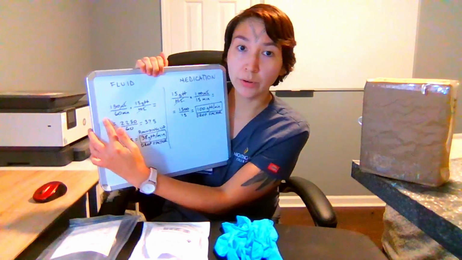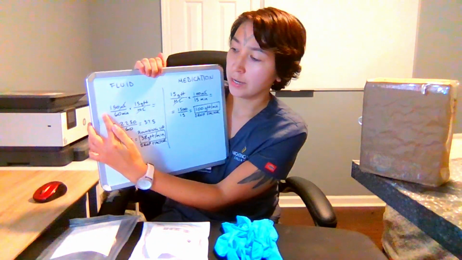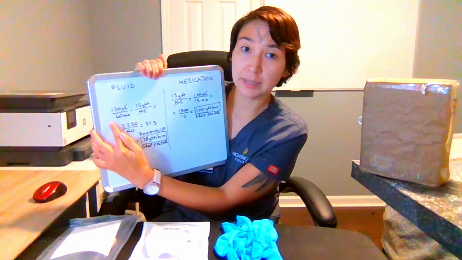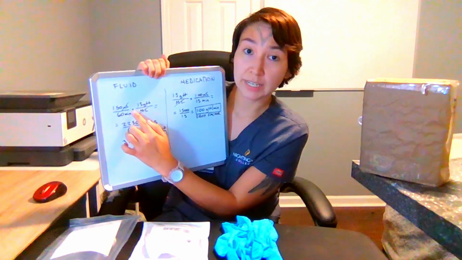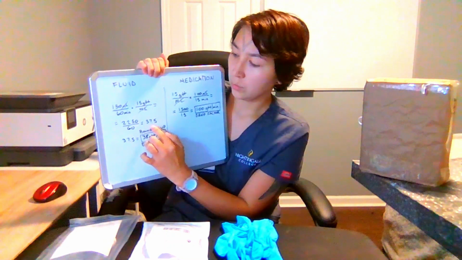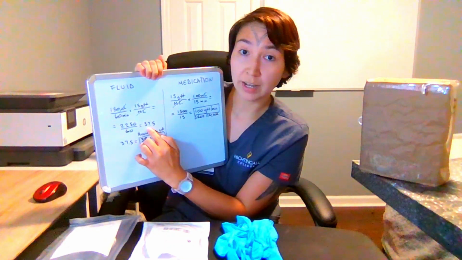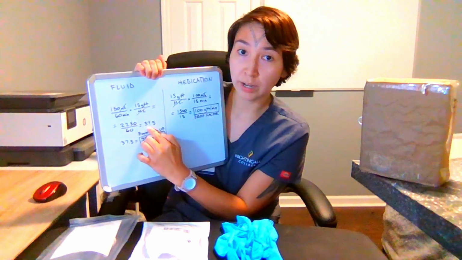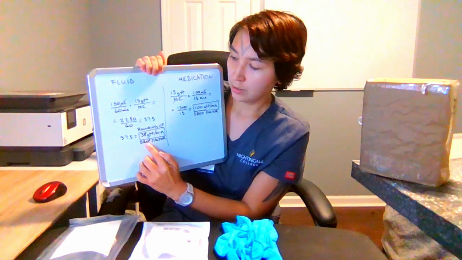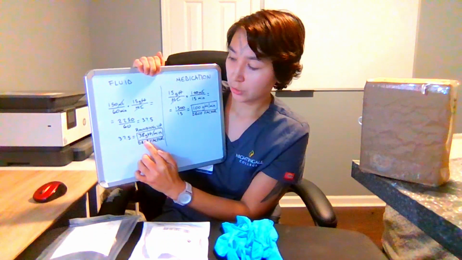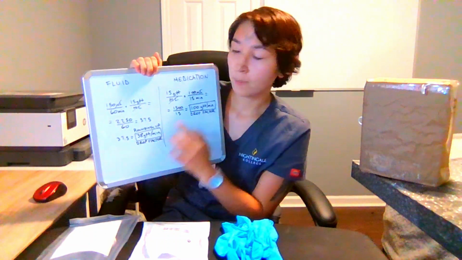The fluid ordered is 150 ml per 60 minutes times a drop factor of 15 per ml equals 37.5, but because we round up using drop factor, the drop rate for the fluid is 38 drops per minute.